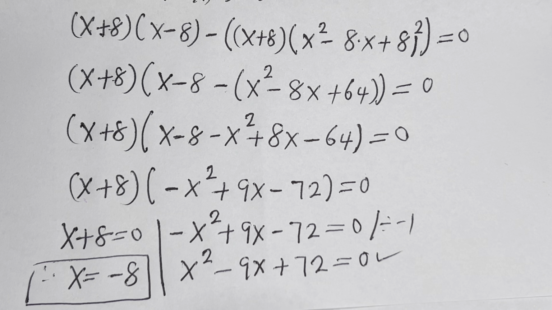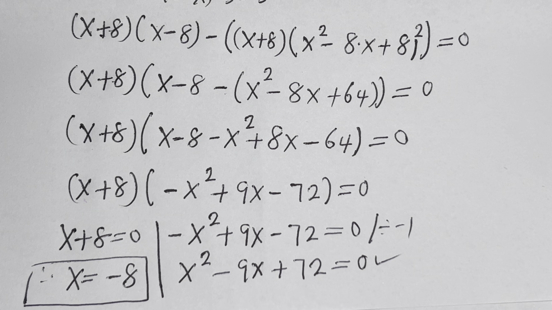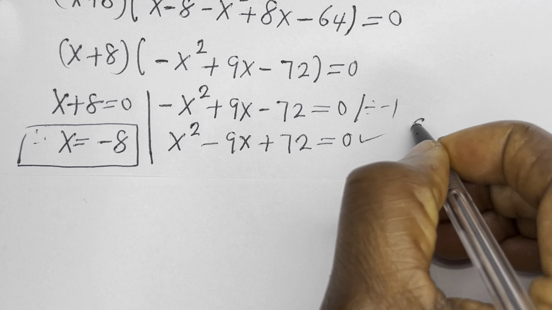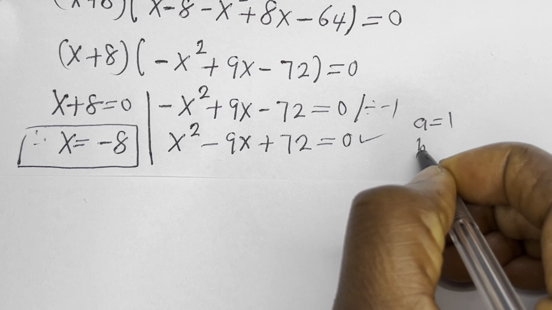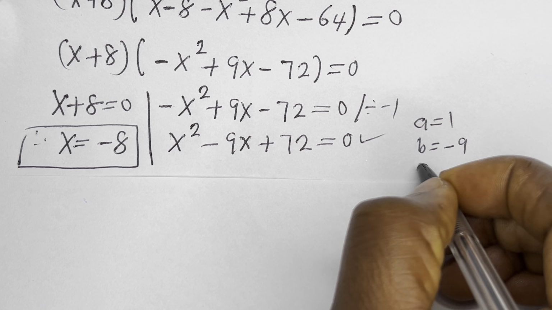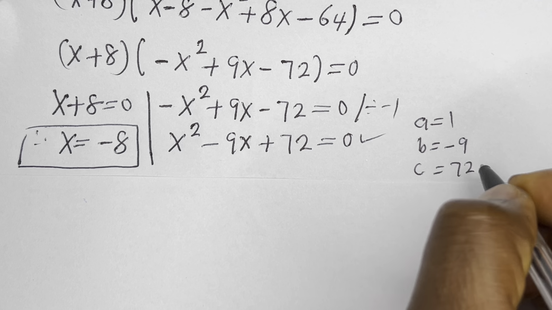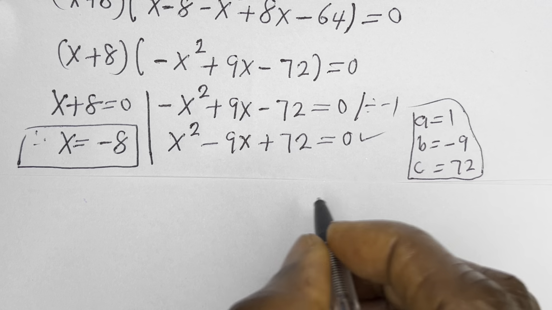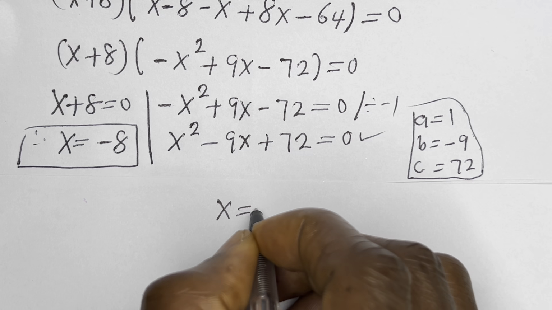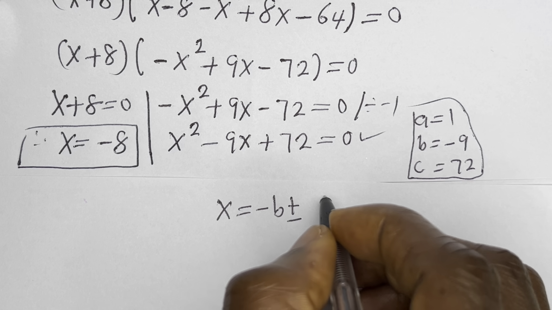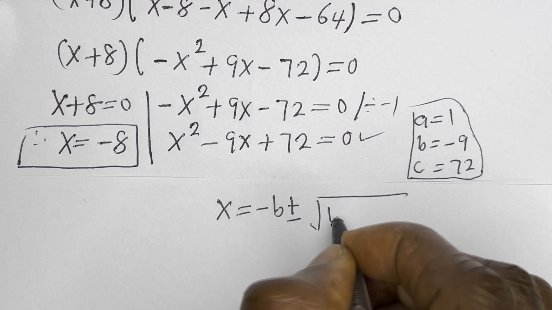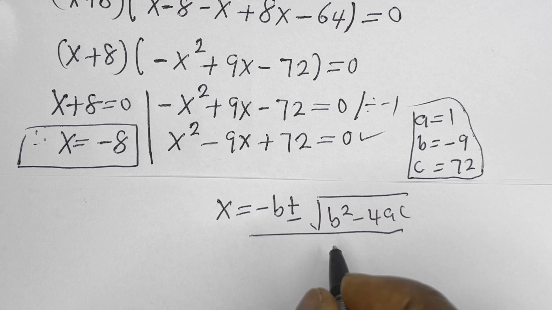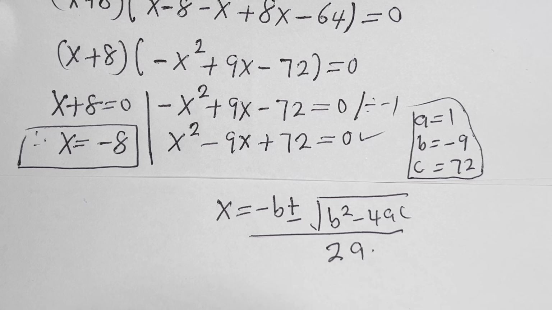This is a quadratic equation. Let's solve this using the quadratic general formula. Then from here, a is equal to 1, b is equal to minus 9, c is equal to 72. And the quadratic general formula is given as s is equal to minus b plus or minus square root of b squared minus 4ac over 2a.